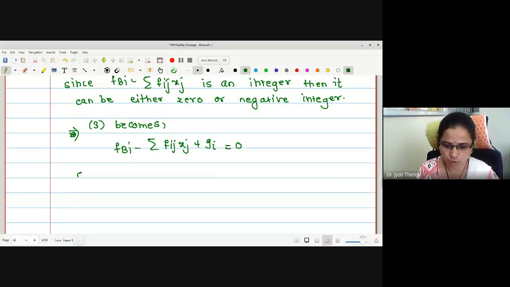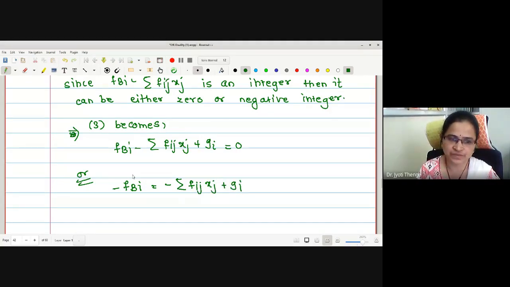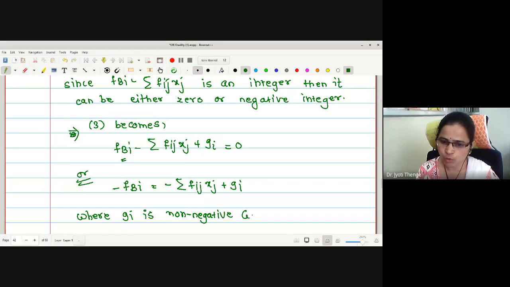Or I can write minus fbi is equal to minus summation fij xj plus gi, shifting this fbi to the right, where gi is non-negative, the Gomorian slack variable.